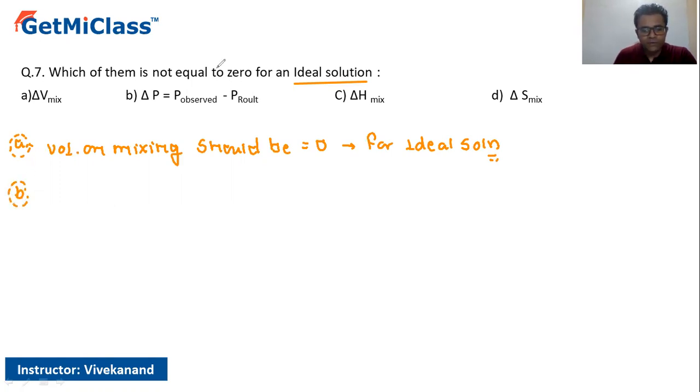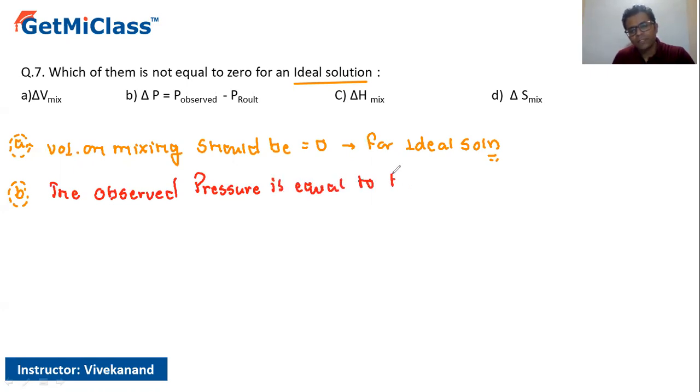Let's observe option B. When we observe option B, in this case, the total observed pressure over here is equal to the pressure calculated by Raoult's law.